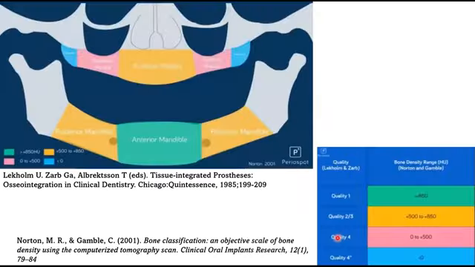We can segregate different anatomical zones based on their density as per the Hounsfield units. According to Misch and Norton, a difference in bone density exists for the 4 regions within the mouth, that is the maxillary anterior, mandibular anterior, and the maxillary and mandibular posterior respectively.